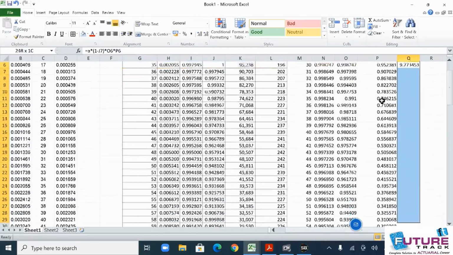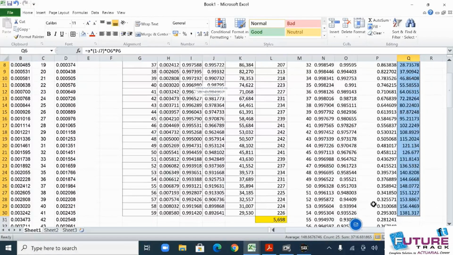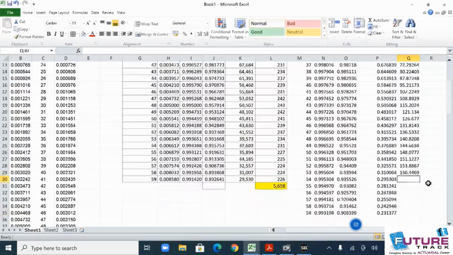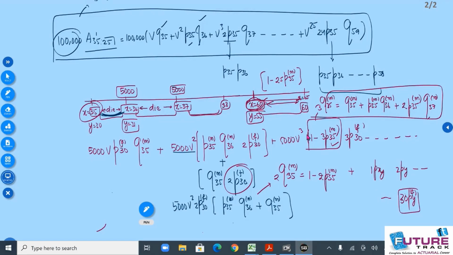Now select this till 54. Okay. Control down. Now class, for this part, see my J31 is now on this cell. What we have to do? See class, for this I told you we have to multiply by 1 minus, so class, if you check the formula, we need 1 minus 25p35, right?